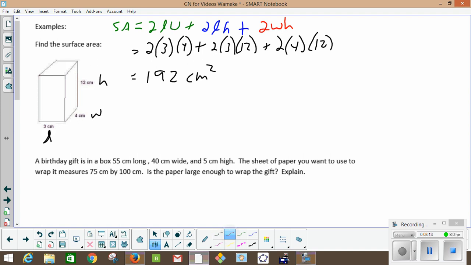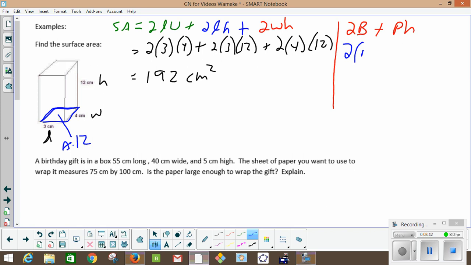Now, just for argument's sake, I'm going to also do this using the general formula, which is 2 times B plus P times h. Now, B represents the area of the base. In this case, the base would be this rectangle, and that area would be 4 times 3, so 12. So it's 2 times the area of the base, which we found to be 12, plus the perimeter of that base.